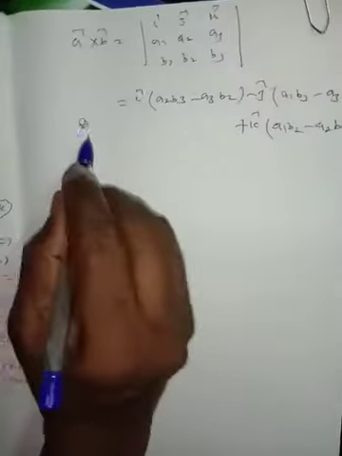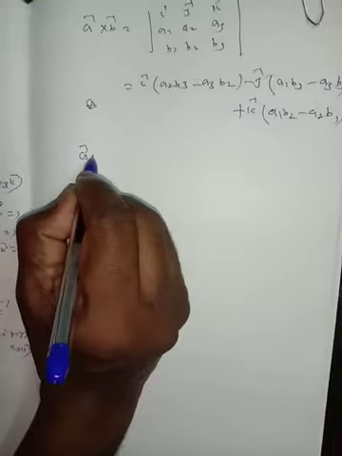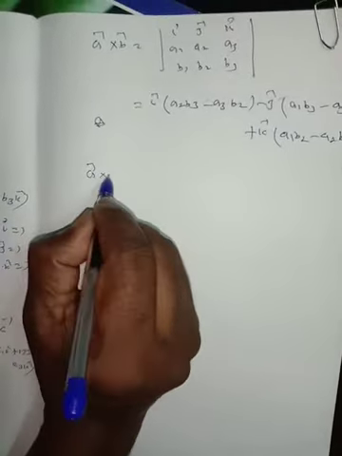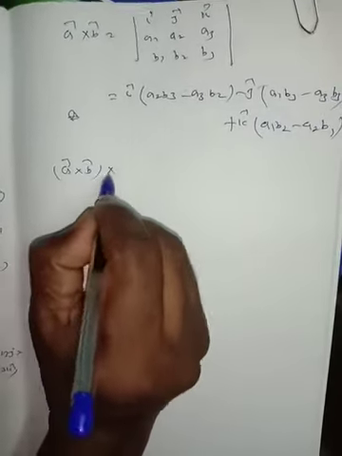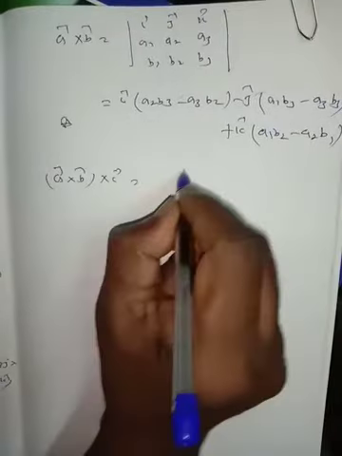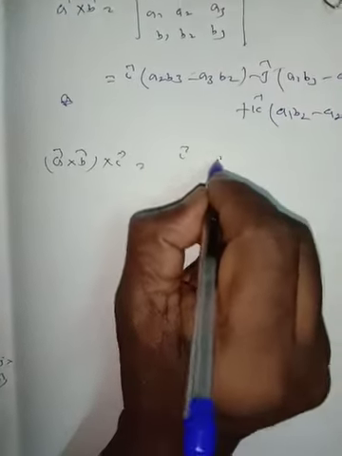Vector triple product is a vector cross b vector cross c vector. This means i vector, j vector, k vector.